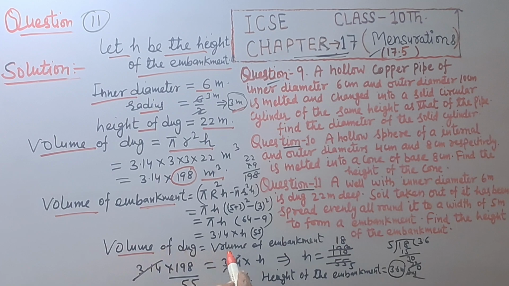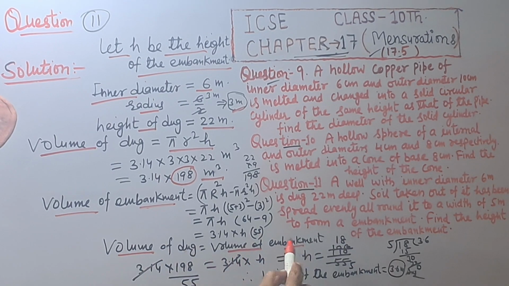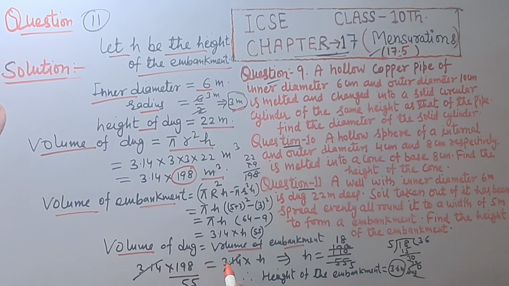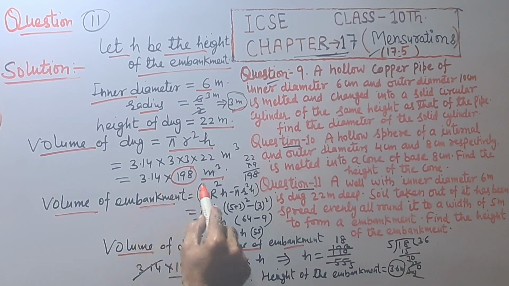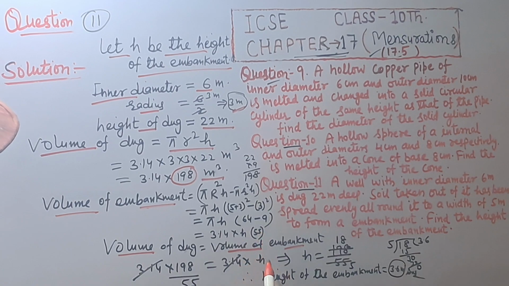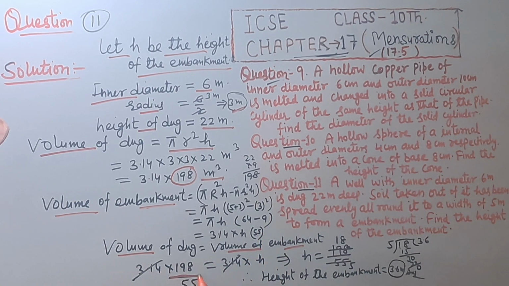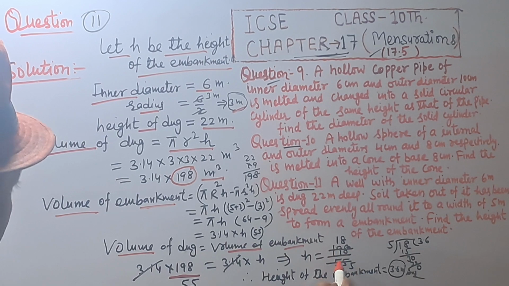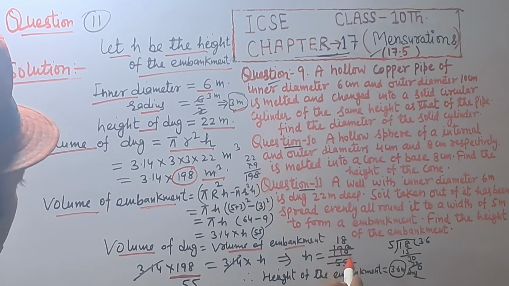So volume of the well equal to volume of the embankment. Volume of the well is 3.14 into 198 and volume of the embankment is 3.14 into h into 55. 3.14 cancels on both sides. So we get height is equal to 198 upon 55, that is divisible by 11.